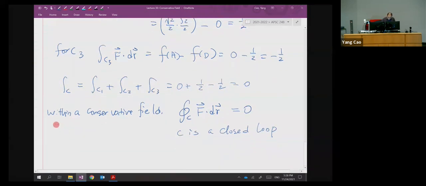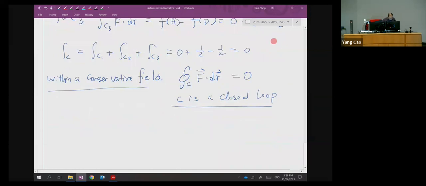So this is one of the very important observations. Again, it's an extension of the fundamental theorem of calculus, right? So I need to summarize a few properties, or make comments here. There are 4 equivalent properties.